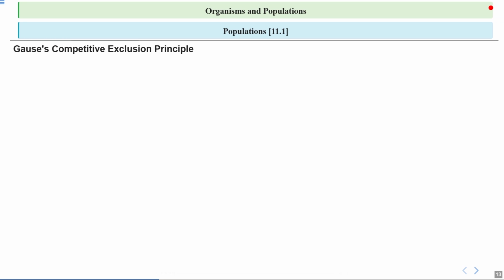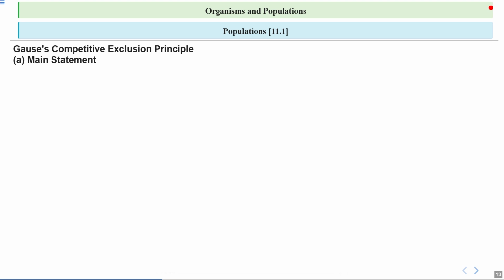Let's talk about Gause's competitive exclusion principle. This principle helps us understand what happens when two different species are trying to survive using the same resources like food or space. What is the main statement of this principle? This principle says that when two species are competing for exactly the same resources, these two species cannot coexist indefinitely.